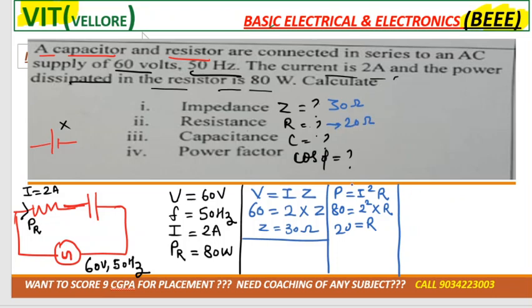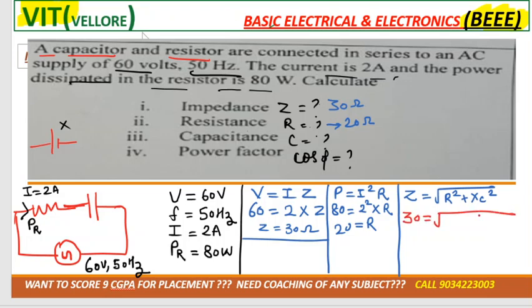Now next is the capacitor. You know the formula, I just told you, Z is equal to root of R square plus XC square, right? Do you know Z? 30.